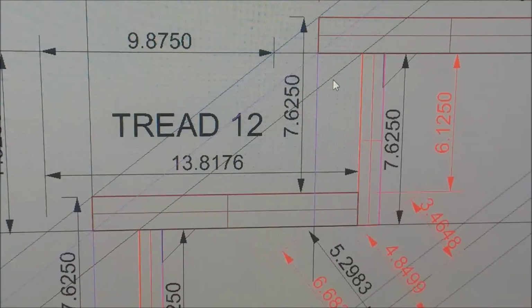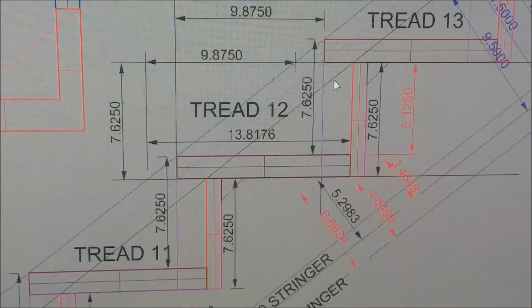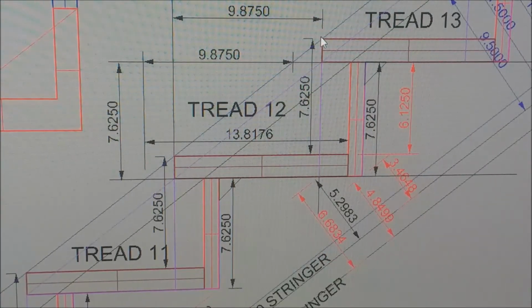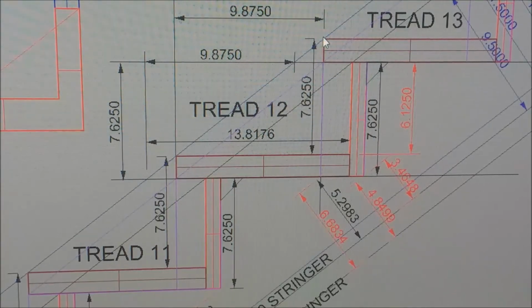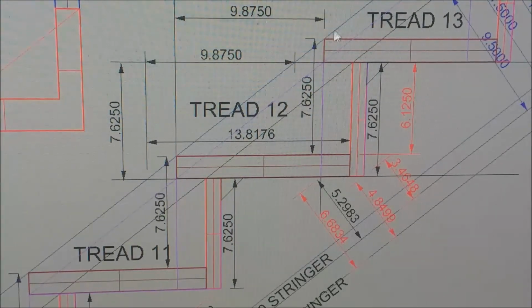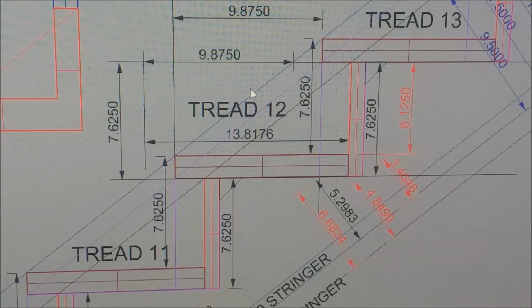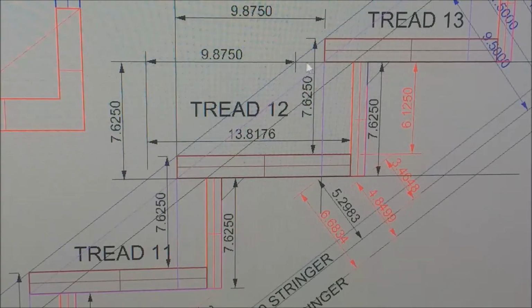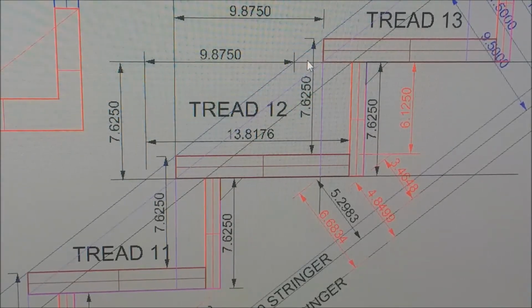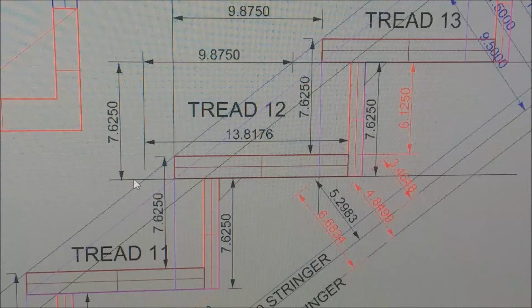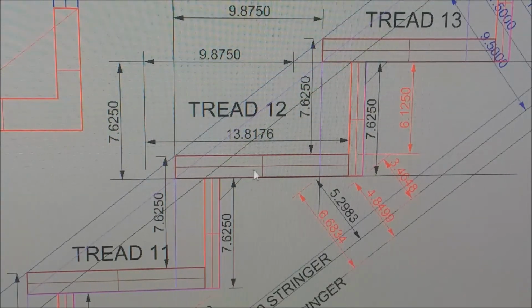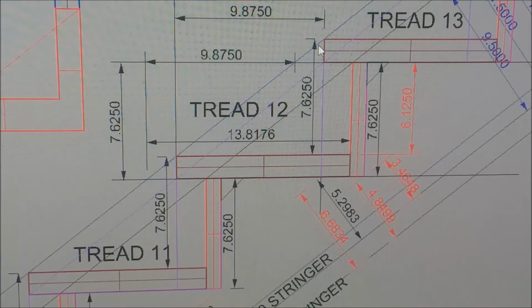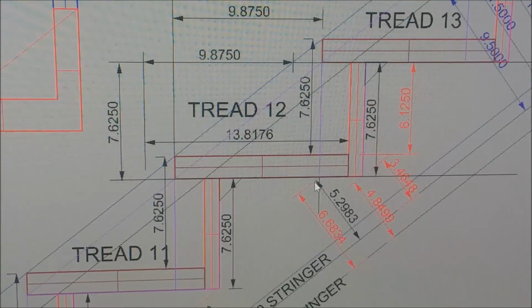Now we have to decide something here. Do we want the stringer to be exactly even with the nose of the stair tread? In other words, this line here, if that was the piece of framing lumber you use for your stringer, you want it to sit in like that. Now that's going to leave you a notch right here, because when you cut in down here at the one below it, you're going to saw back to, in my case, here, and then you're going to come down from the top here.